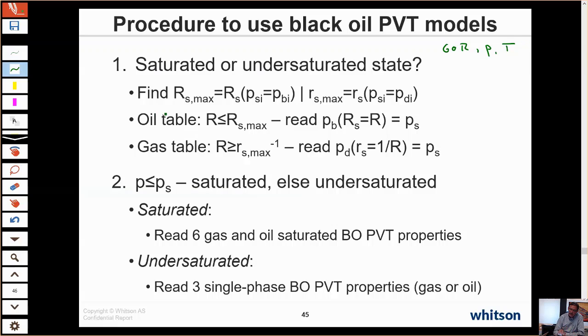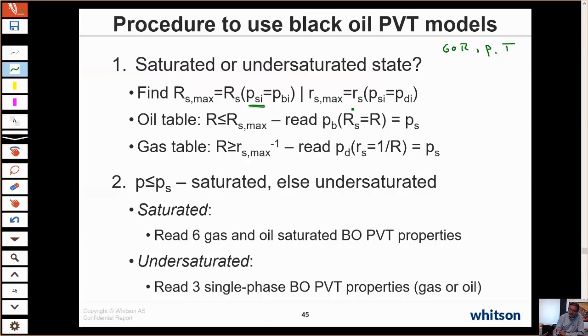So the first thing you do is go look into the saturated part of the table, and you look in the table at the highest saturation pressure you have, okay? Which is PSI. That's the highest saturation pressure you have in your table.